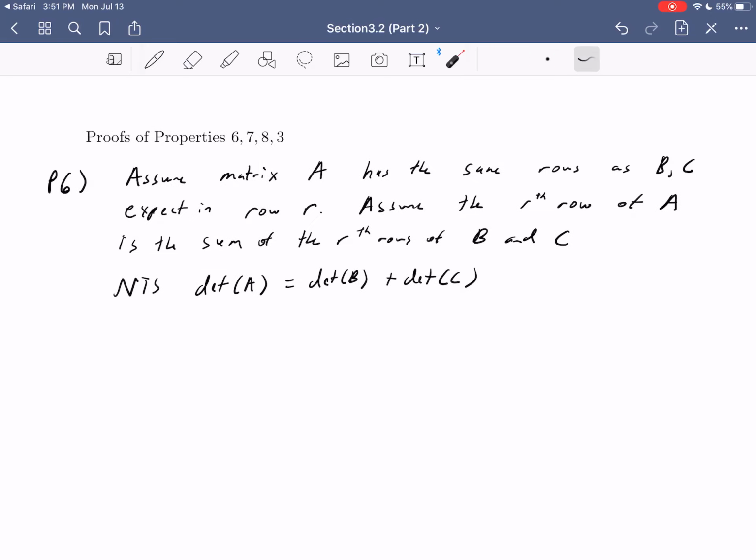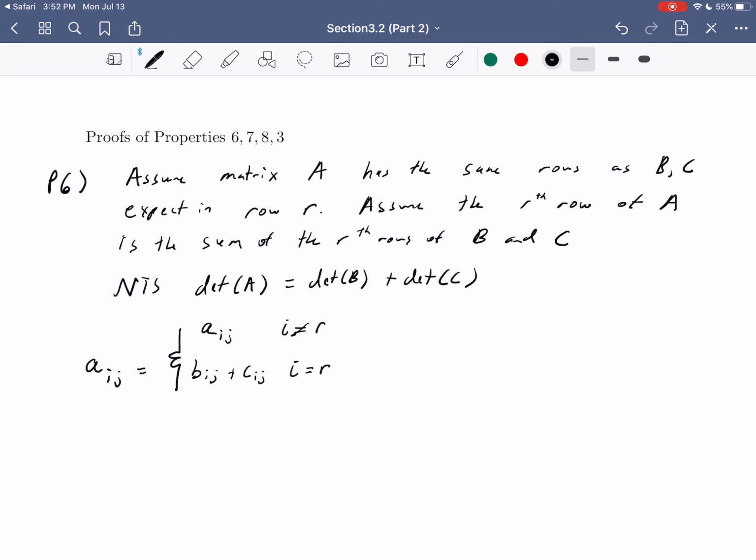Well, we're basically just going to translate this statement into a statement about the elements. So we're going to say that the Aij element, the ijth element of matrix A, is going to be equivalent to Aij for i not equal to that row r, and then Bij plus Cij for i equal to r.